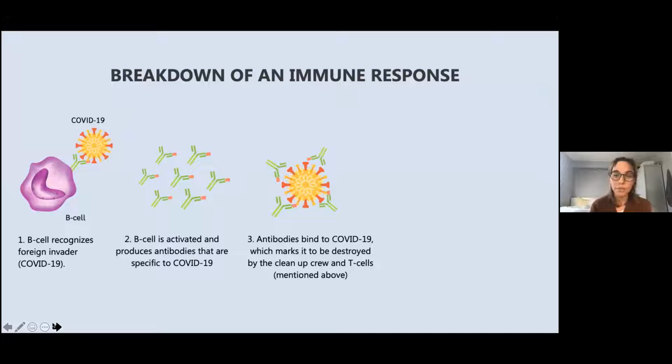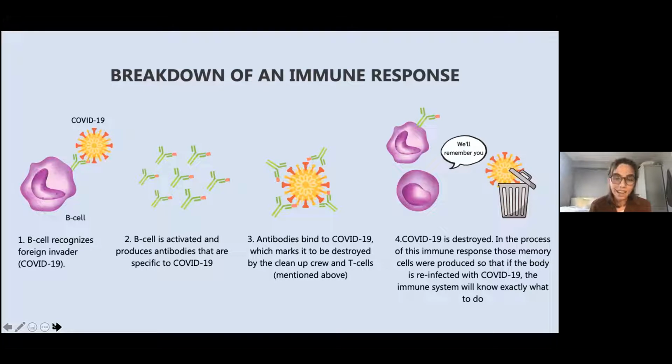Next, the antibodies will bind to COVID-19, and this will mark them for destruction. And they will be destroyed by the cleanup crew that I mentioned before and the T cells. Lastly, COVID-19 is destroyed, and in this process of the immune response, those memory cells were produced. So if the body is reinfected with COVID-19, the immune system knows exactly what to do.